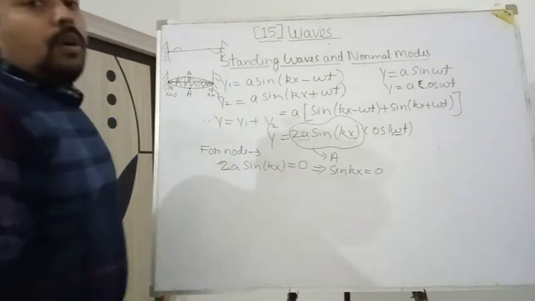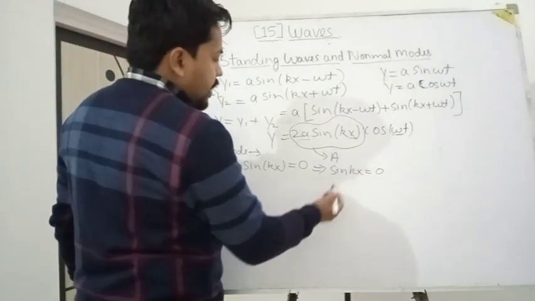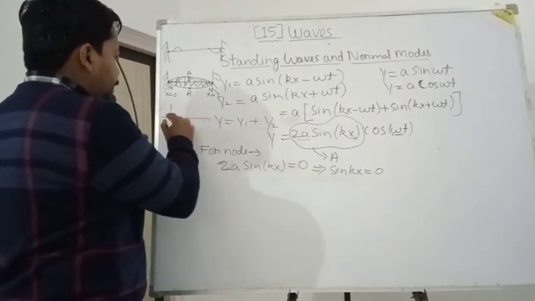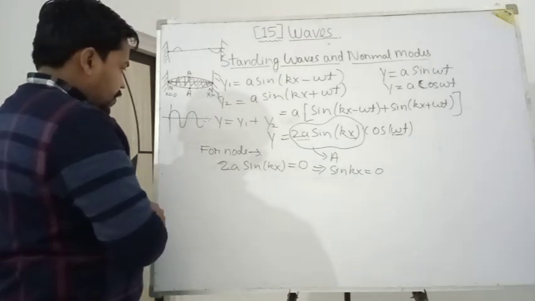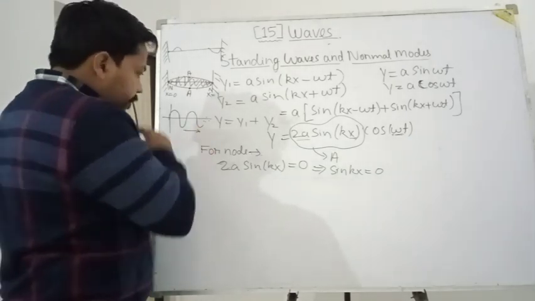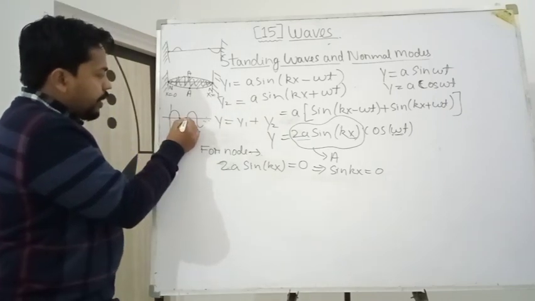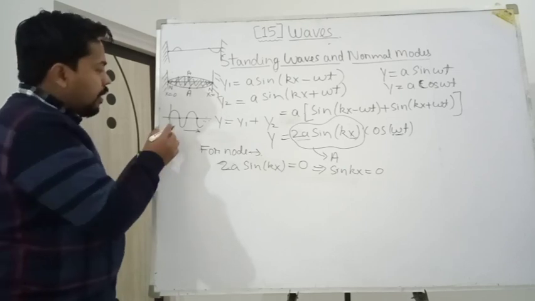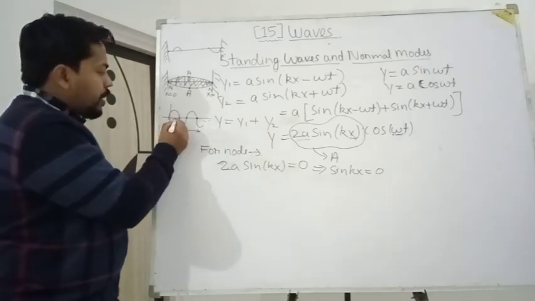So for which value of kx is sin theta equal to 0? If you draw the graph of sine, it will come like this. This is the sin x graph. You can see that at these points the vertical displacement is 0.